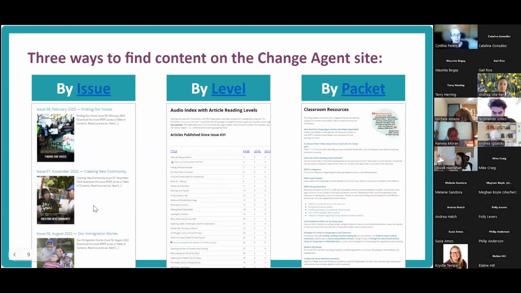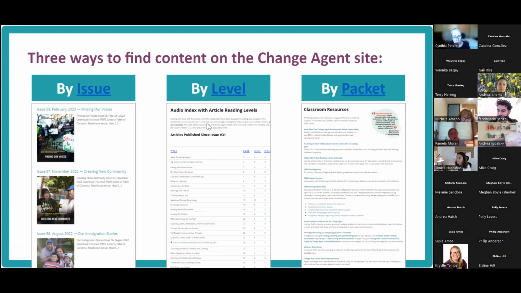So if you're doing something on food and you wonder, does the Change Agent have anything on food? Yeah, you can scroll down and you'll find our food issue. If you're doing something on health, you'll find a couple of issues on health, physical health and mental health. If you're doing stuff on work or career exploration, you'll find topics like that. So you can explore by theme.